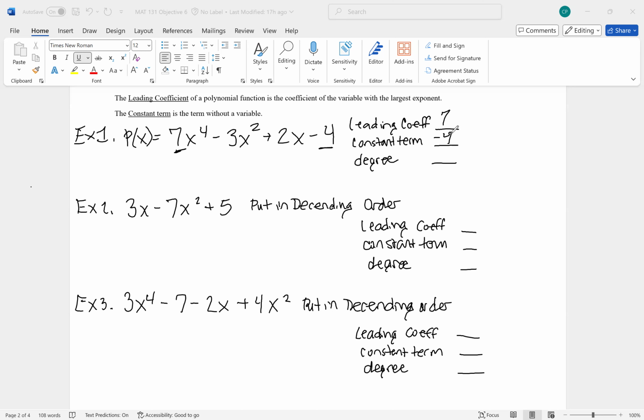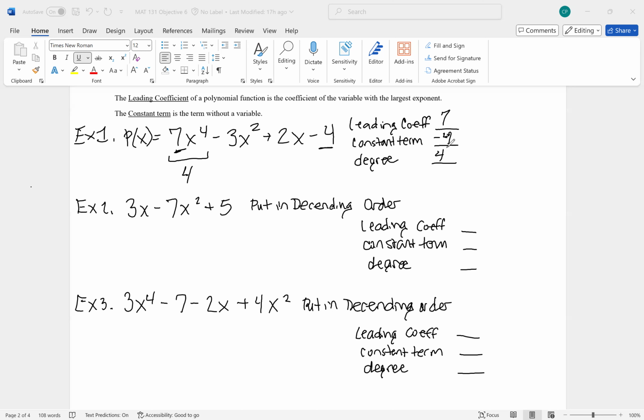And since it's already in descending order, the degree of this first term, or the term with the highest degree, that degree is 4. Okay. So the leading coefficient is 7, the constant term is -4, and the degree is 4.